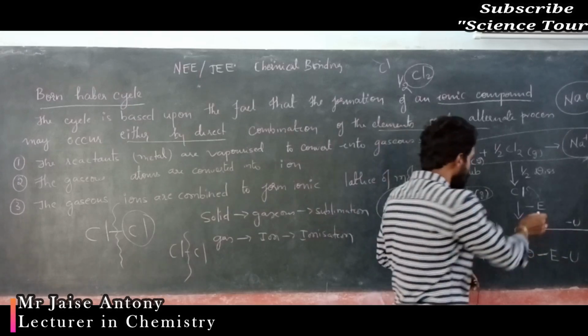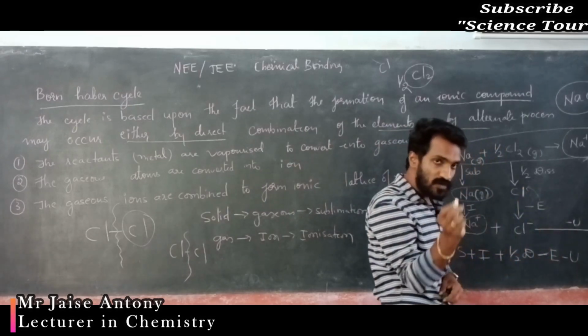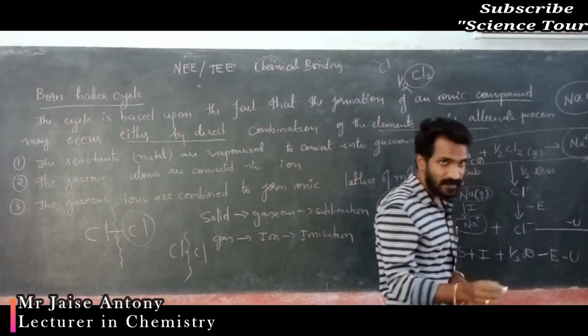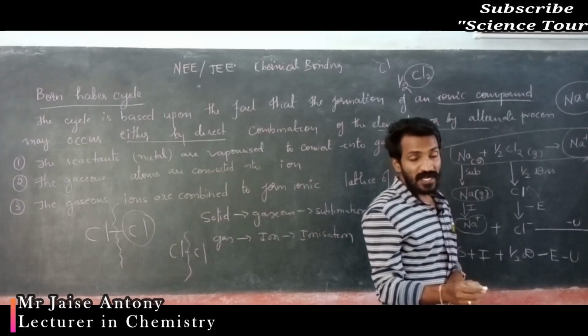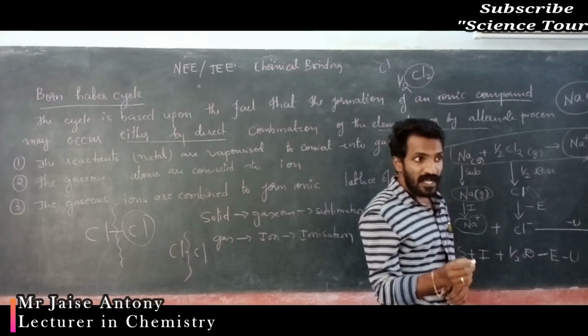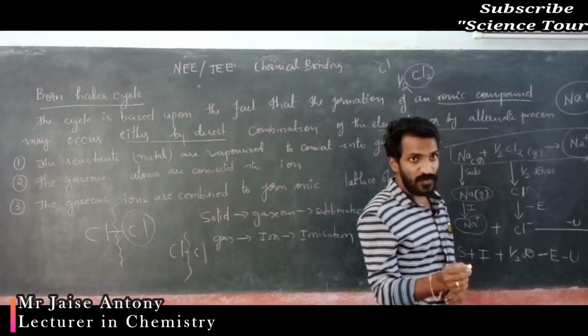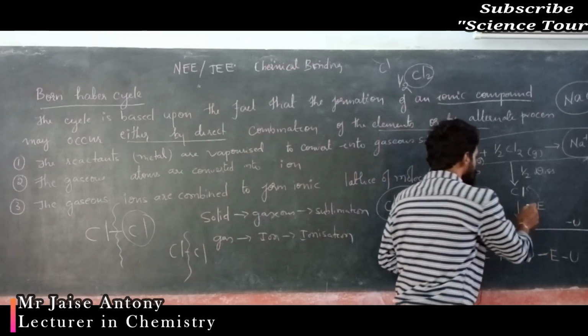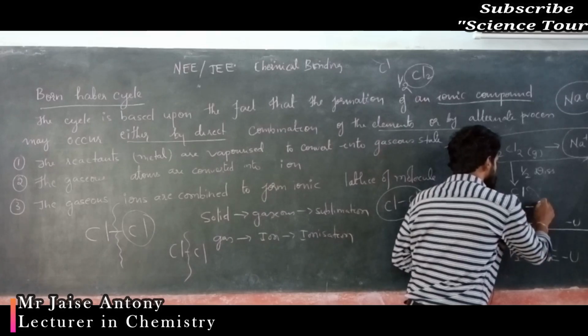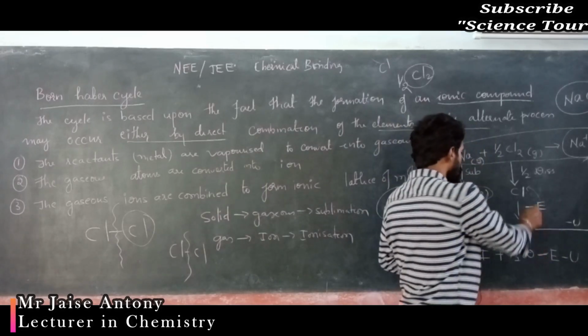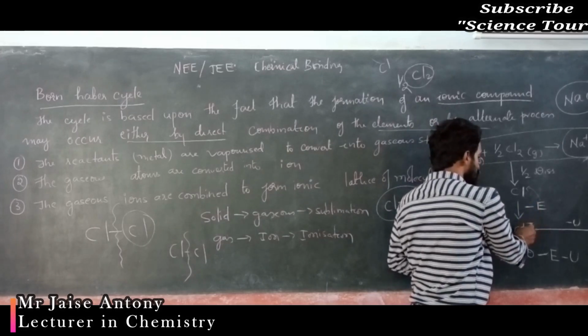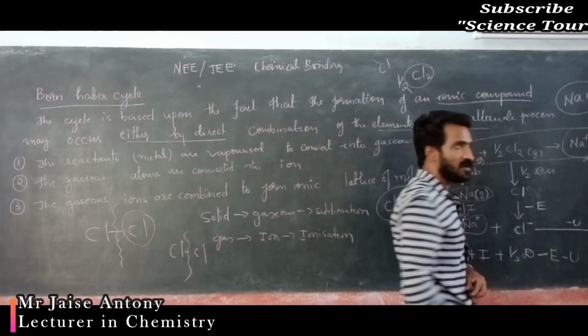Understood? That process is called electron affinity. During that time energy is released, so it is indicated by minus E. One electron is added, and you are getting the chloride ion.